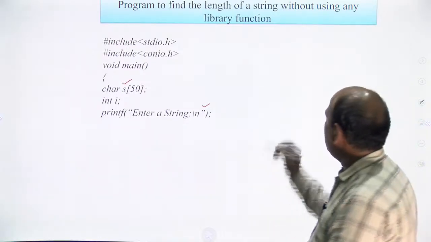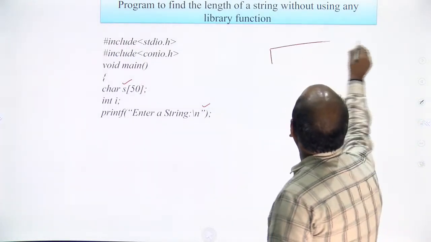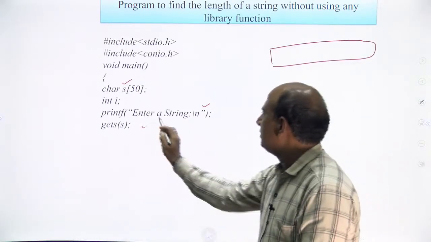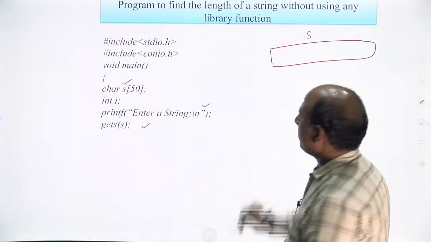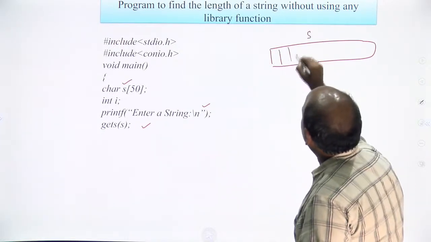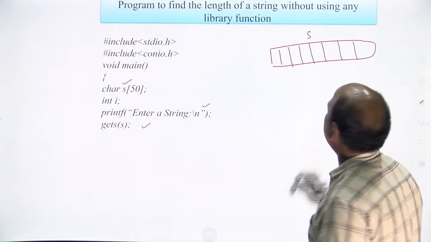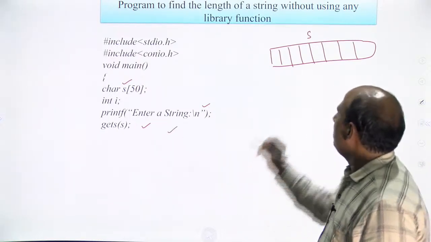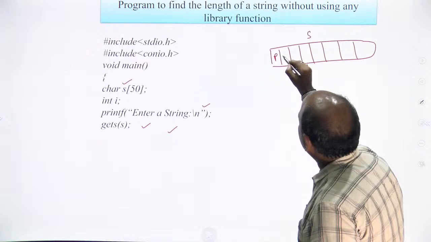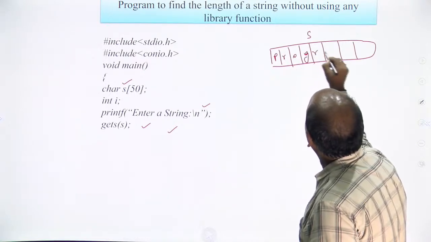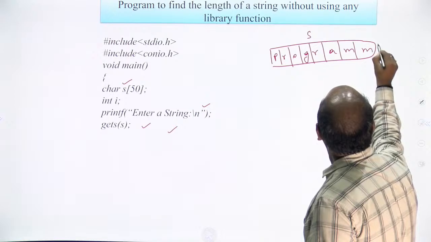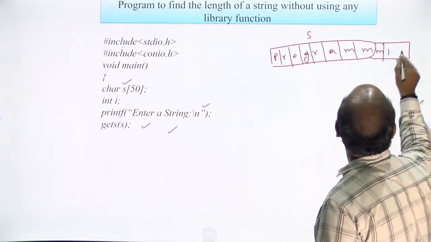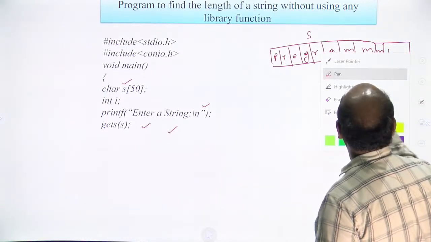I read it with the gets function; the array s is of size 50, so 50 bytes of blocks have been created, and if you enter programming, it will be stored here like this.